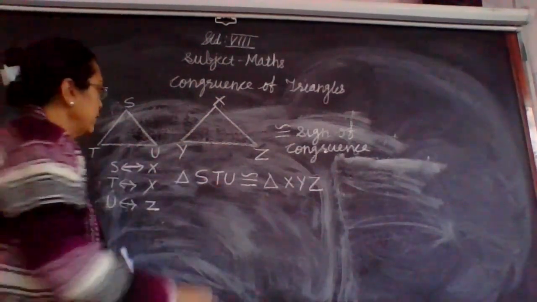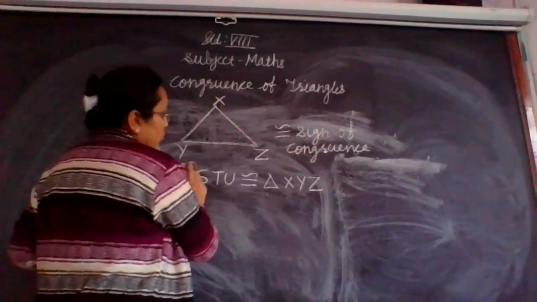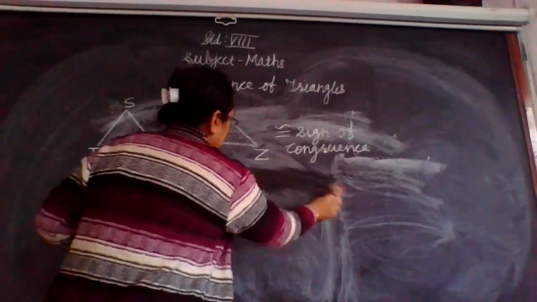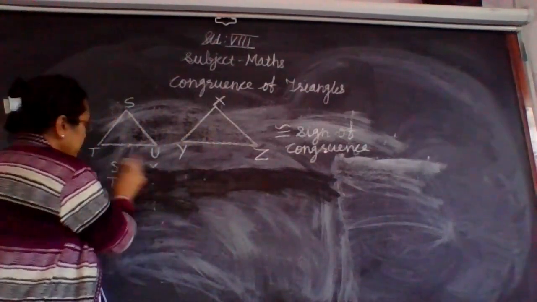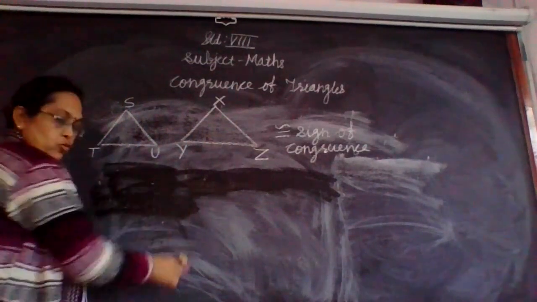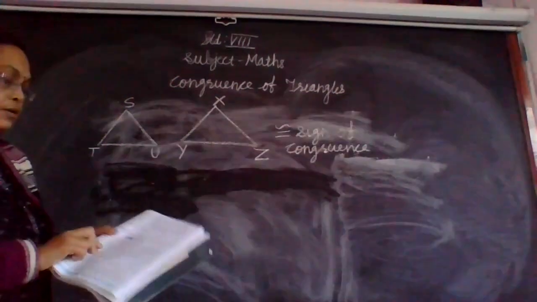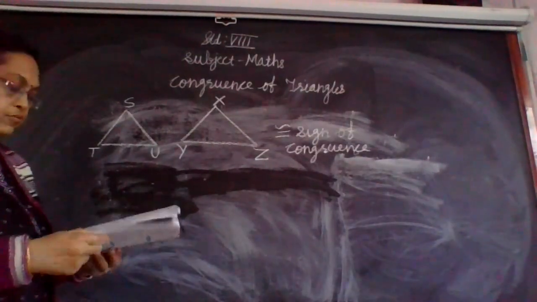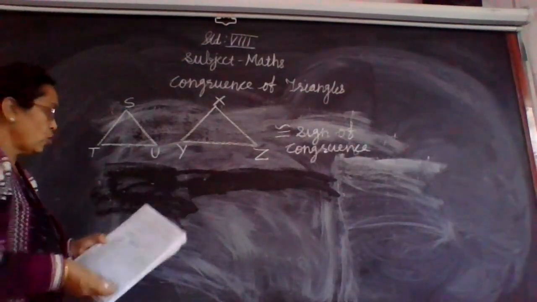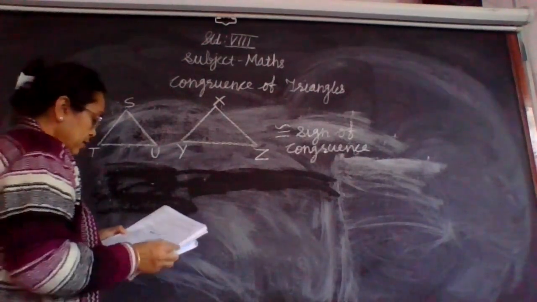Now let us see, some tests for congruence are given that we have to understand. We will write them down in today's class, and then we will see how they are implemented.